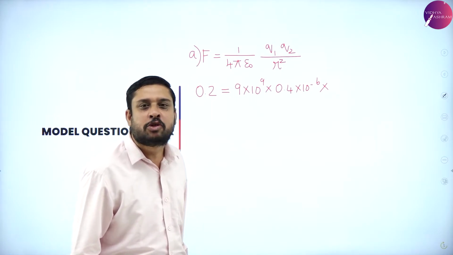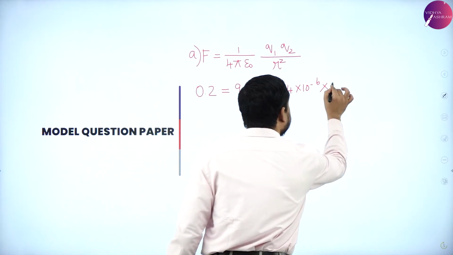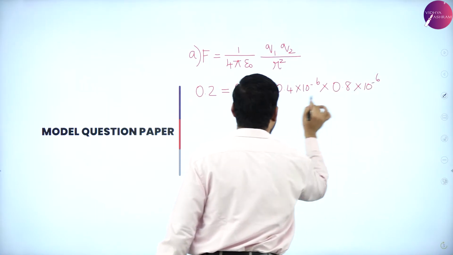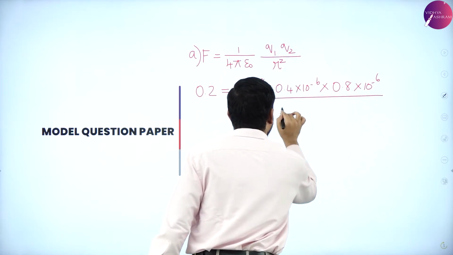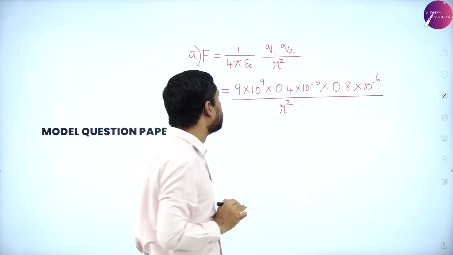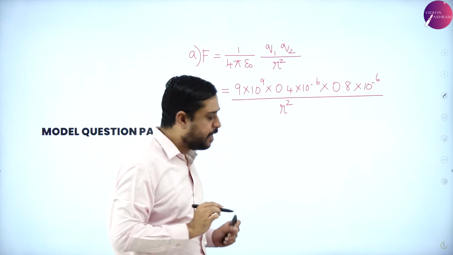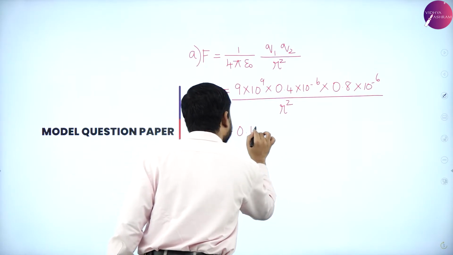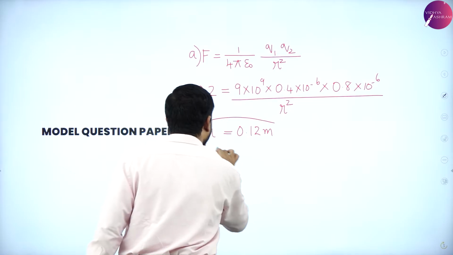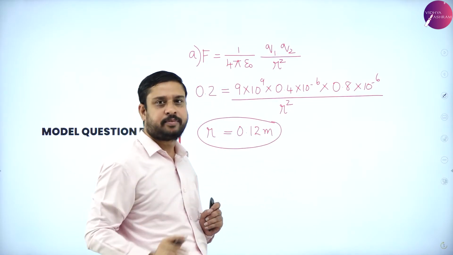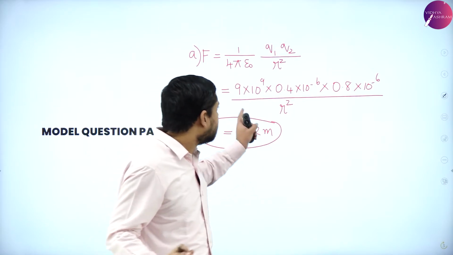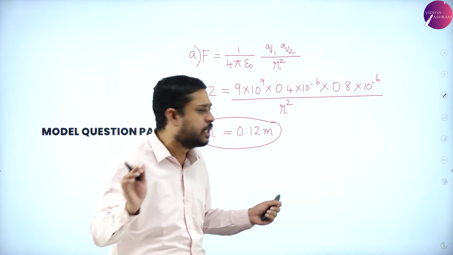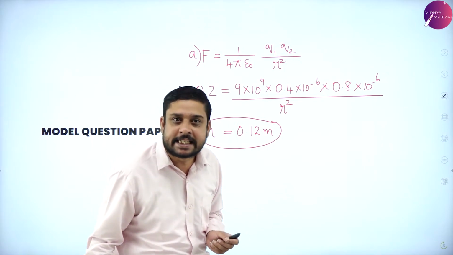Negative force is only repulsion. So this is 0.8 into 10 power minus 6 divided by R square. So on simplification, R turns out to be 0.12 meter. The simplification is left for y'all. These are simple simplifications. Your ordinary calculators can do this.